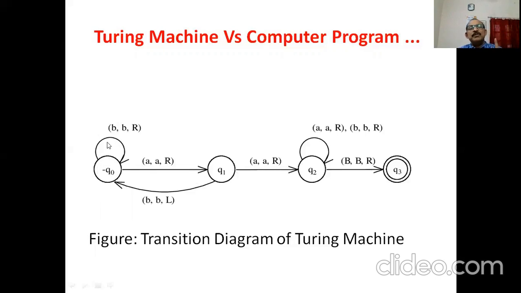The first symbol is B. Therefore, the machine remains in the same state, replaces B by B and moves in the right direction. And what is the second symbol in your word? A. So the machine in state Q0 reads A, goes to state Q1, replaces this A by A and moves in the right direction.